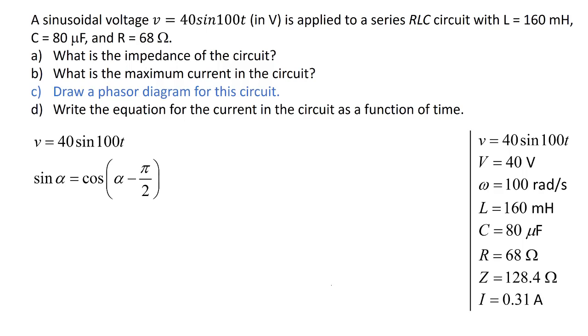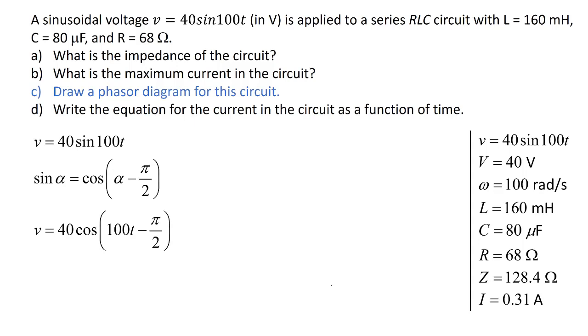For that, you need to remember that sine alpha equals cosine of alpha minus pi over 2. In our case, alpha is nothing else than 100t. Therefore, we can rewrite the voltage as 40 multiplied by cosine of 100t minus pi over 2.